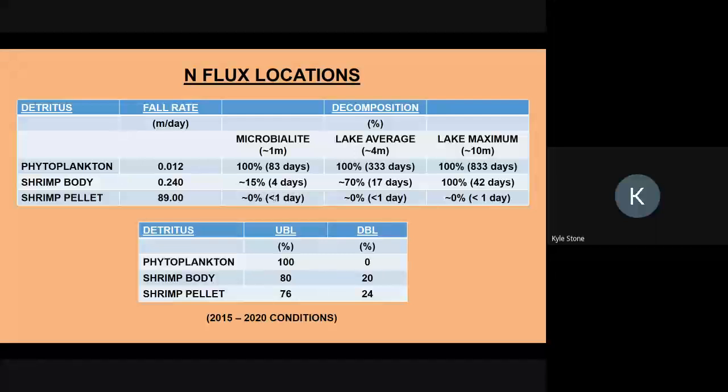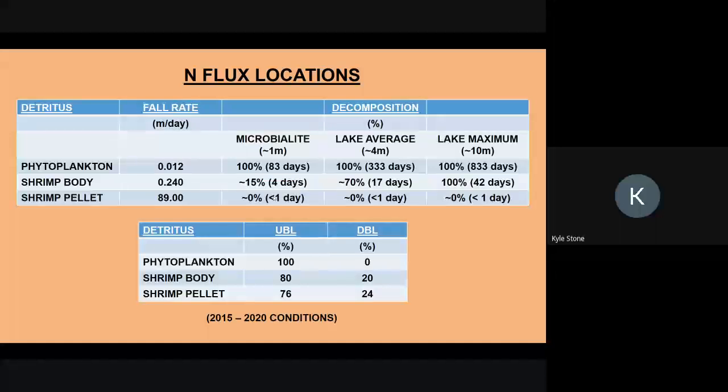Almost all of that decomposition of shrimp pellets: 24% of it is going down into the deep brine layer. 76% is hitting the bottom in a place where there is no deep brine. In other words, it's on the benthos on the bottom, but it's not in the deep brine layer.